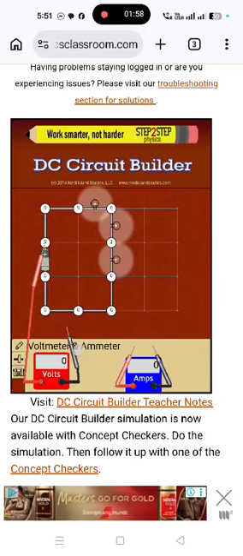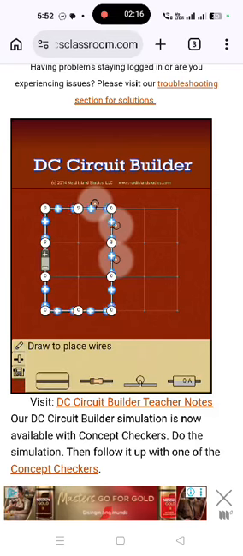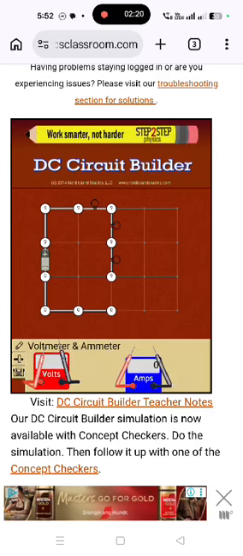Now let us use the ammeter. In the ammeter, you have to remove one wire. Then connect the ammeter positive to positive and negative to negative connection.